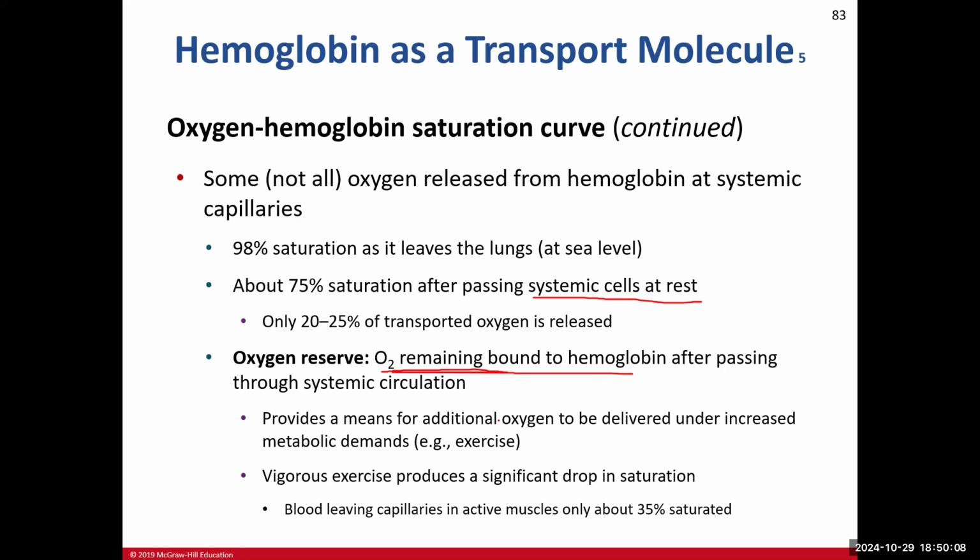So when you start to exercise hardcore, we can still drop off oxygen to those metabolically active tissues, to the point where even at a real low partial pressure of oxygen, you'll still have close to 25 to 40% of the hemoglobin having oxygen attached to it.